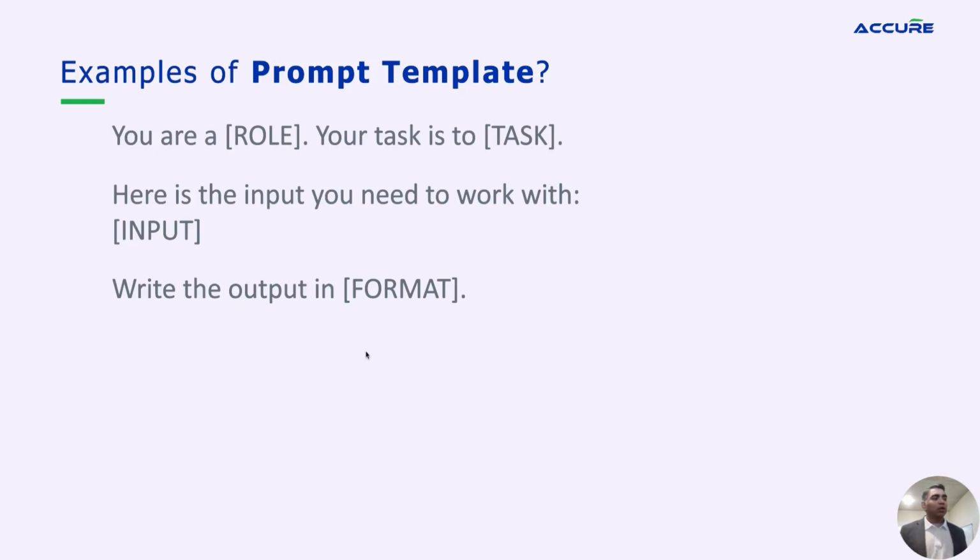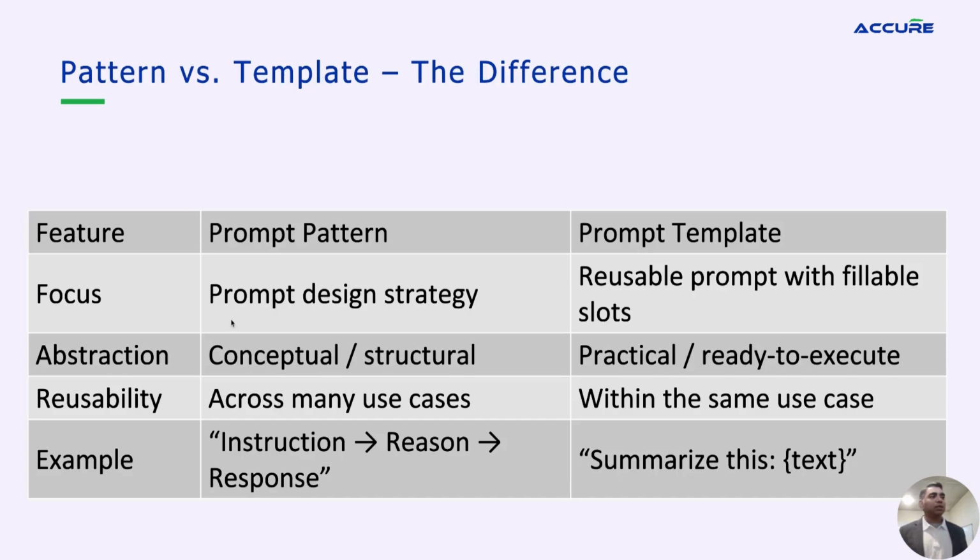Here is the difference between pattern and template. Pattern is more like a strategy, and template is a reusable prompt with fillable slots. That means the variables can be assigned values dynamically. Abstraction: prompt pattern is very conceptual. It's not a real thing.